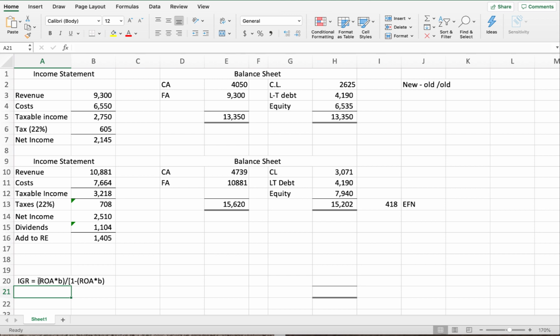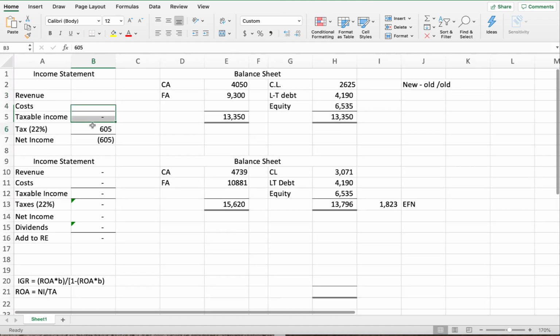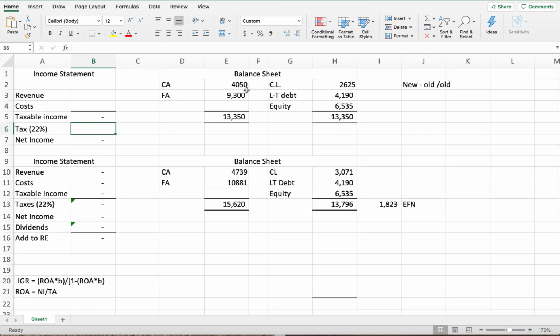So the first thing we need to do is remember, what is our ROA calculation, right? So the ROA is calculated as net income divided by total assets, okay? So I'm going to go ahead and get rid of this. Oh, get rid of that.